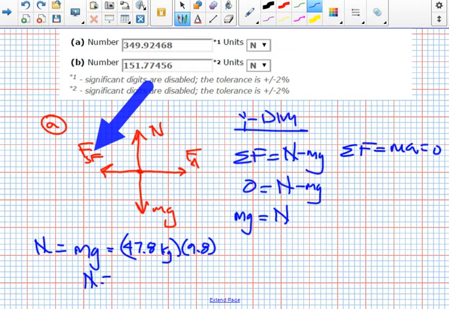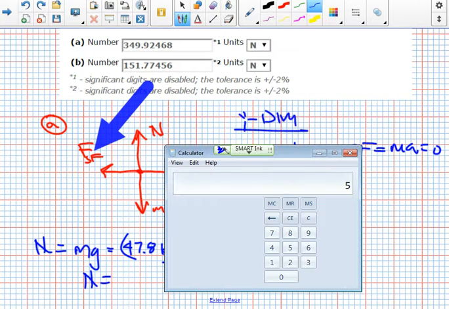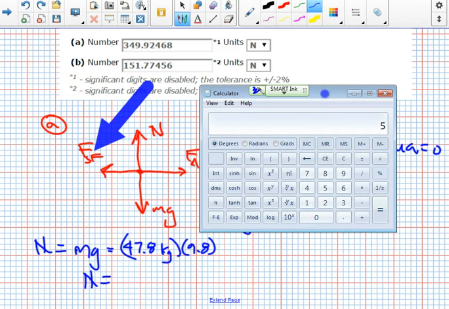So our normal force will turn out to be, magic calculator, okay, 47.8 times 9.8 equals. So I'm going to get a normal force of 468.4 newtons.